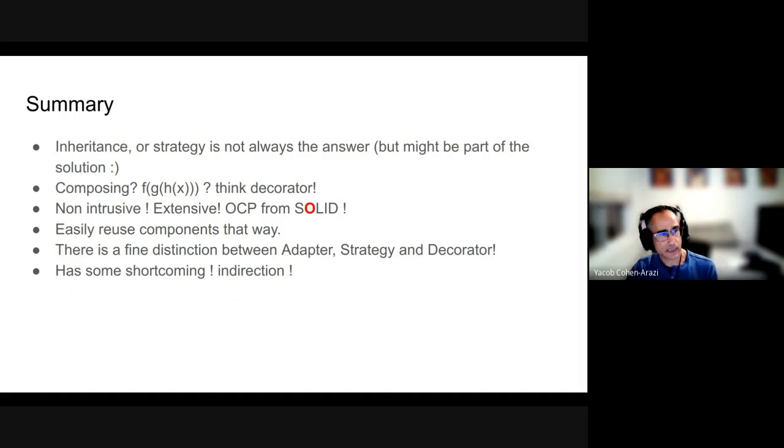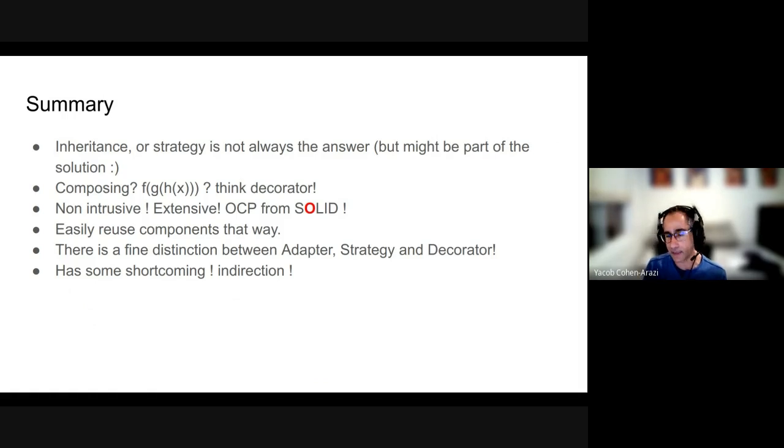Summary. This is my last slide. It's 1 minute to 6. Inheritance or strategy, not always the answer. The book has a very nice story about a couple of engineers going to some guru in the company and asking for their advice about redesigning something. It's really funny stories to read.